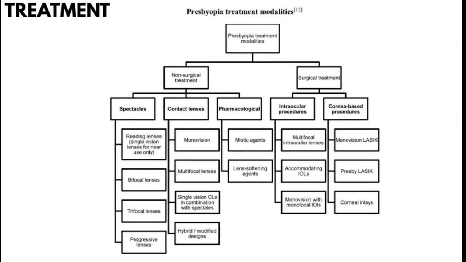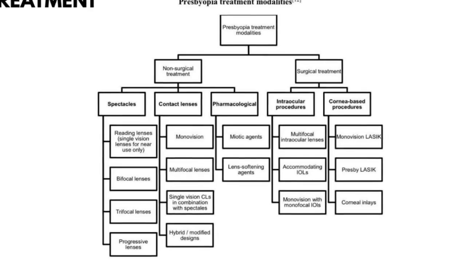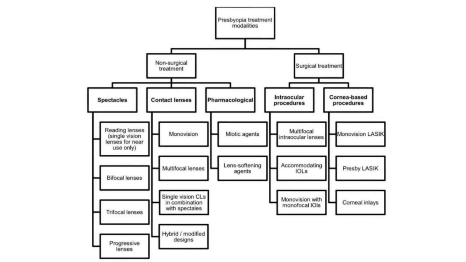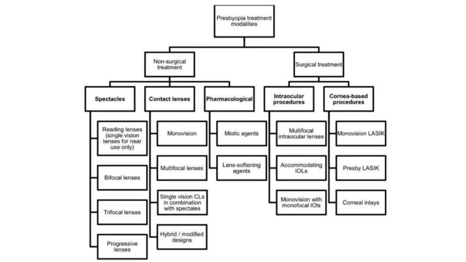Next, we have presbyopia treatment modalities. We have non-surgical treatment and surgical treatment. In non-surgical treatment, we have spectacle, contact lens, and pharmacological. In spectacle, we have single vision reading lenses, bifocal lenses, trifocal lenses, and progressive lenses. In contact lens, we have monovision, multifocal lenses, single vision in combination with spectacles, hybrid or modified designs.